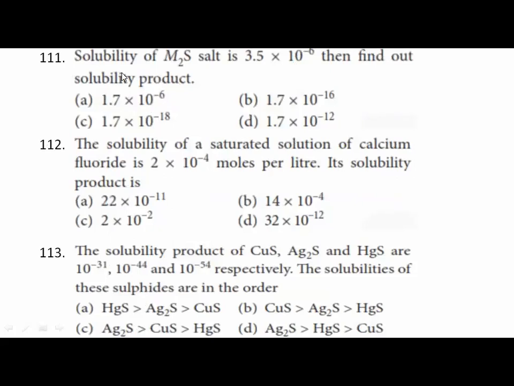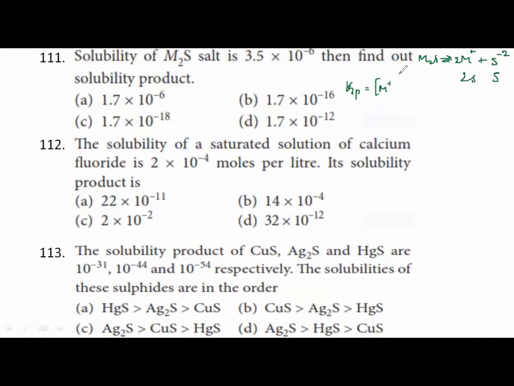Yes. Next, solubility of M2S salt is so much. Find out the solubility product. Same thing, M2S they have said. So let us take here. M2S dissociates how? It dissociates to give 2M plus and S minus 2. Correct? So if this is 2S, this is S. So solubility product Ksp is equal to what?